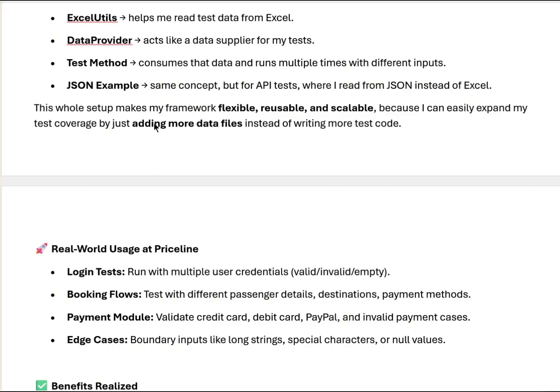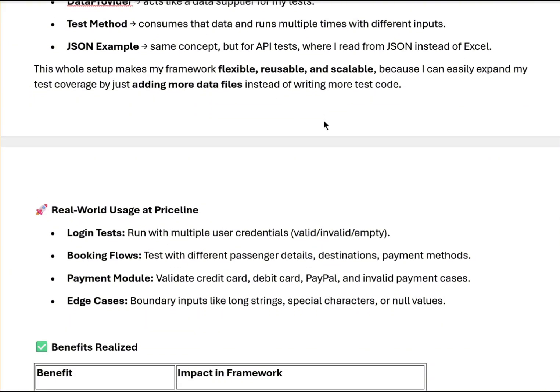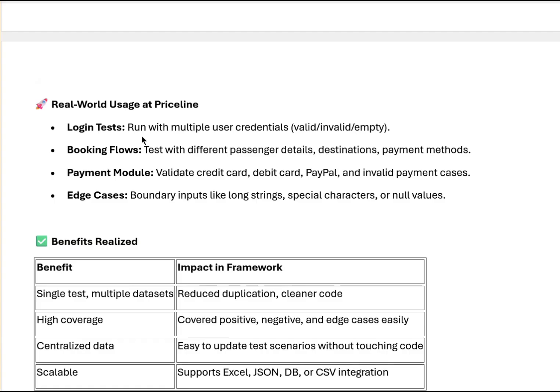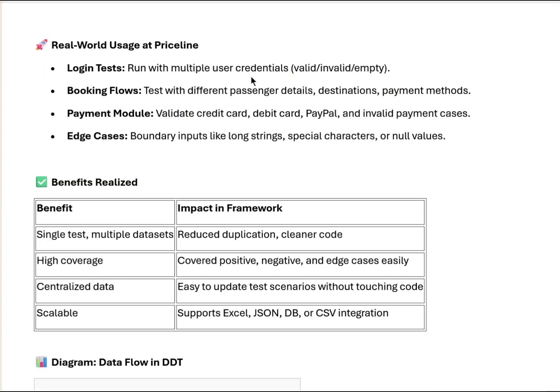This whole setup makes my framework flexible, reusable, and scalable because I can easily expand my test coverage by just adding more data files instead of writing more test code. So, to give you real world usage at Priceline: login tests run with multiple user credentials, valid, invalid, empty.